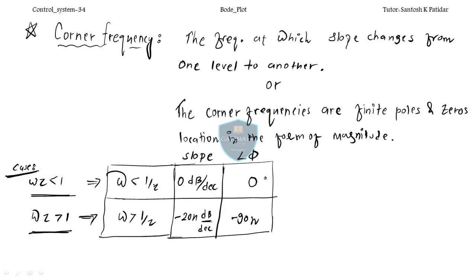So omega is less than 1 by tau: in this case the slope we are getting is 0 dB, as we have seen, and the phase provided by the system is 0. When omega is greater than 1 by tau, the slope you are getting is minus 20n dB per decade and the phase is minus 90n. Okay, so what was not clear will now be clear.